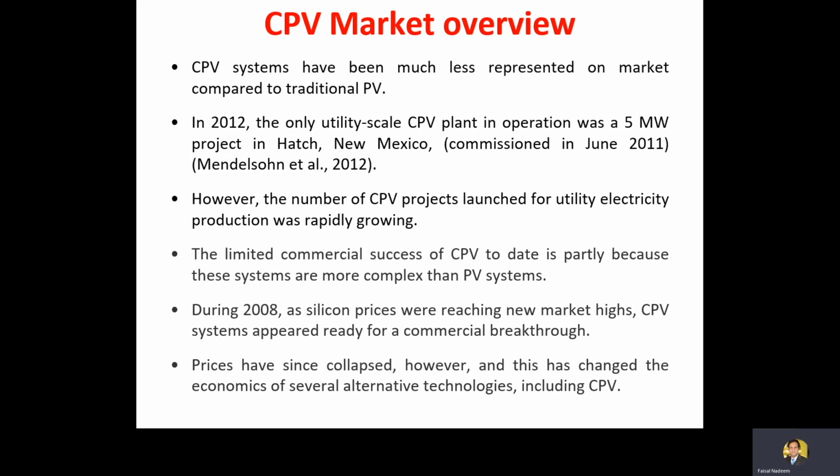The benefit from reducing cells and silicon usage is not that encouraging compared to the higher costs of tracking and the mirror or lens placed above the cell to concentrate light on the PN junction of the cell.